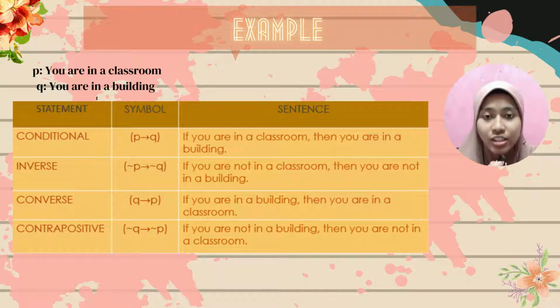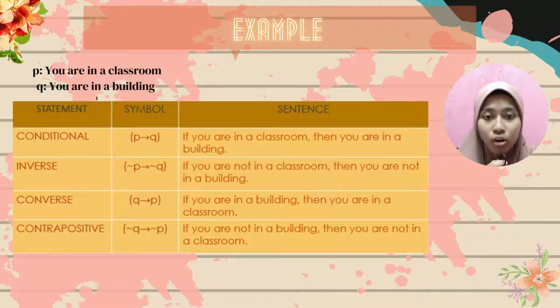For the conditional statement with the symbol P implies Q, the sentence is, if you are in a classroom, then you are in a building. Then, for the inverse statement with the symbol negation P implies negation Q, the sentence is, if you are not in a classroom, then you are not in a building.